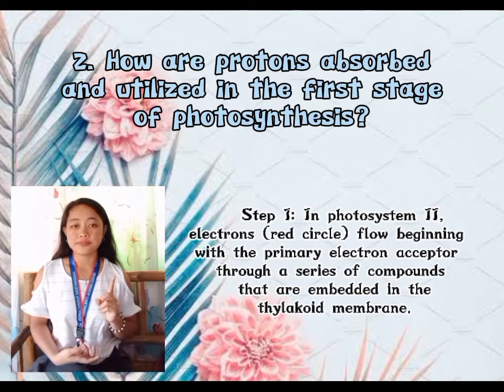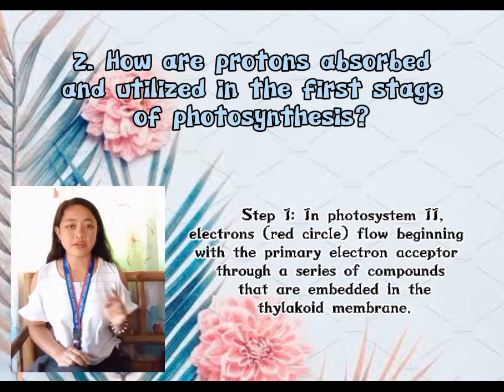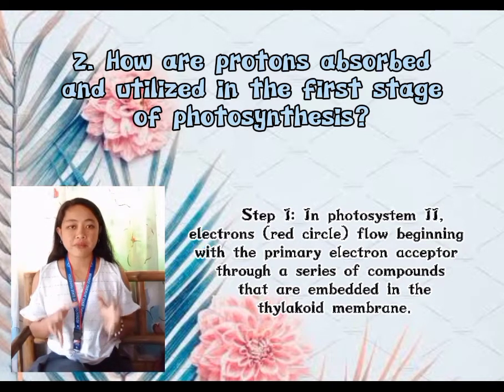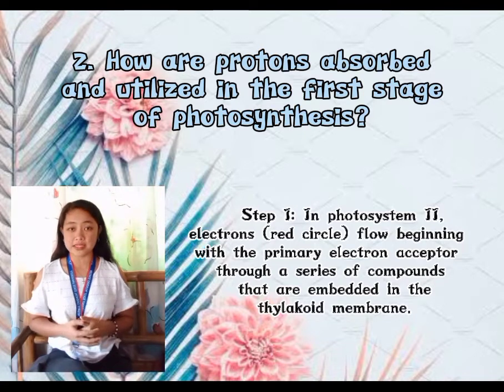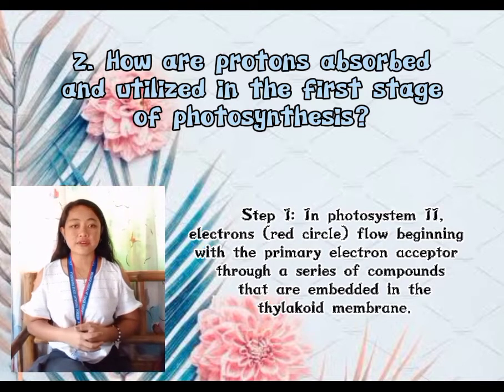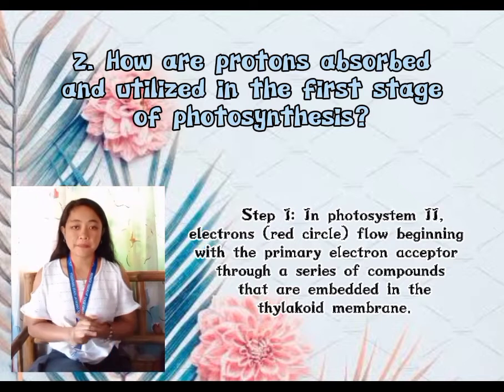So, in step 1, in photosystem 2, electrons flow beginning from the primary electron acceptor through a series of compounds that are embedded in the thylakoid membrane, sort of like the electron transport chain from cellular respiration.